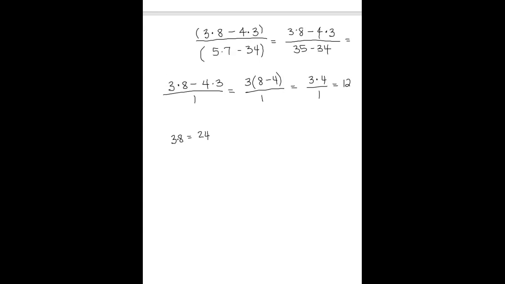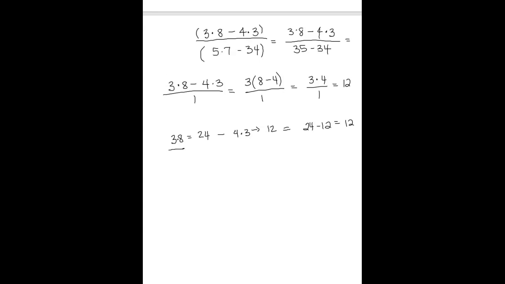And then I'm going to subtract this piece, which is my 4 times 3, right? That 4 times 3 becomes 12. All right, I've got 24. So I've got my 24 minus 12, which is going to leave me with the 12.